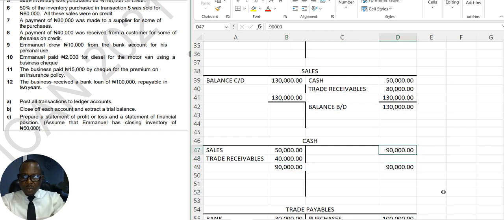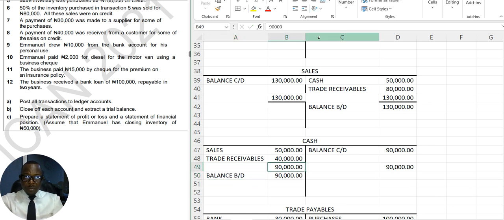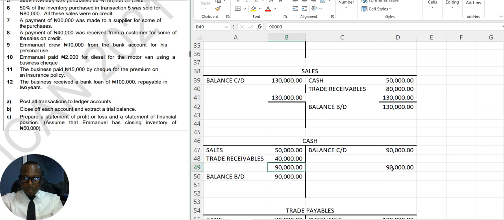This one here is your balance CD, while the one you're going to be having here, 90, is your balance BD. Put your double lines here, double lines here, and that solves that.